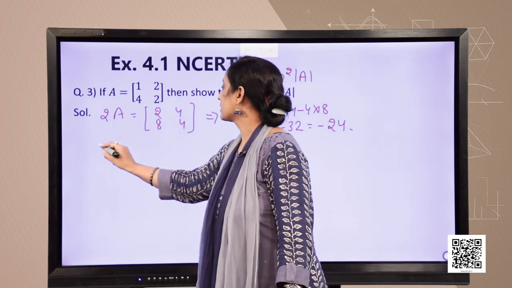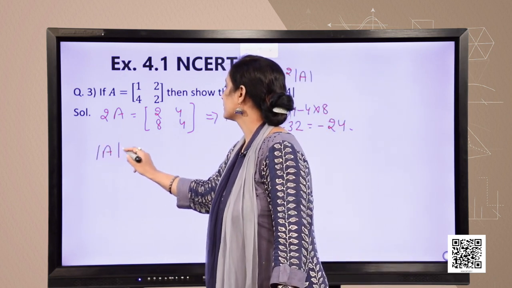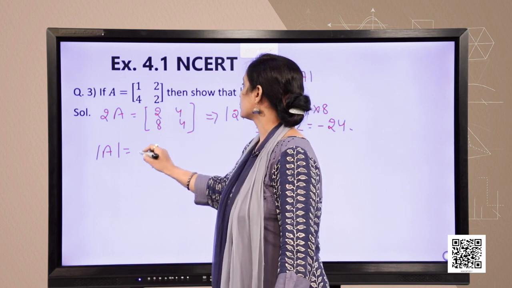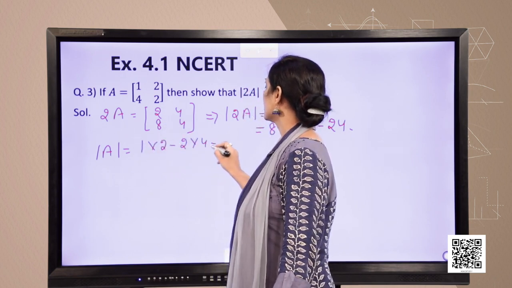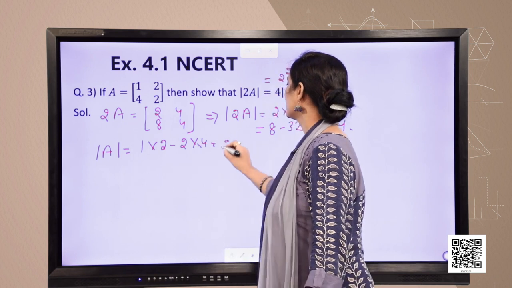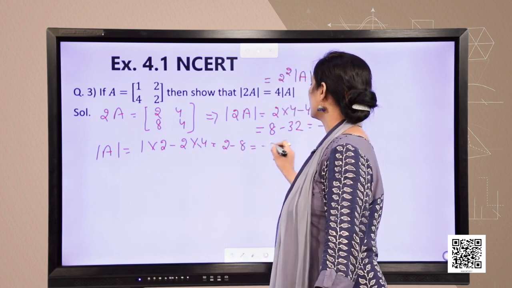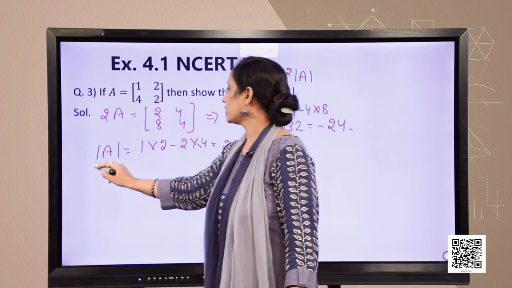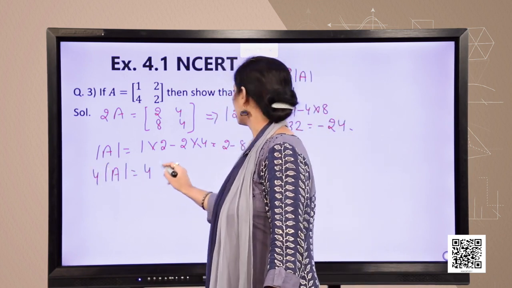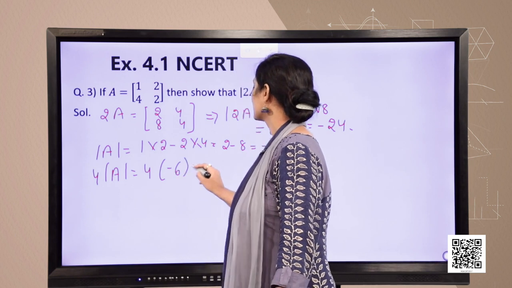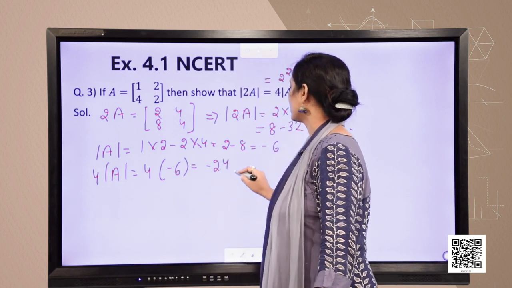Then let us take determinant A only. So this is coming as 1 into 2 minus 2 into 4, which is 2 minus 8 or minus 6. When you multiply this by 4, you are getting 4 multiplied by minus 6, which is minus 24.